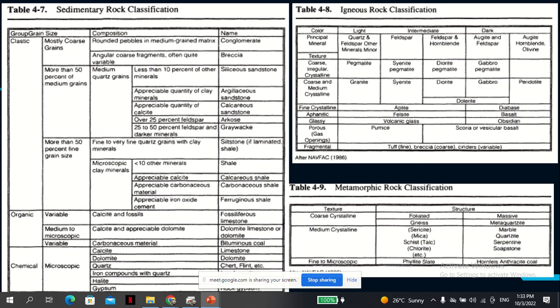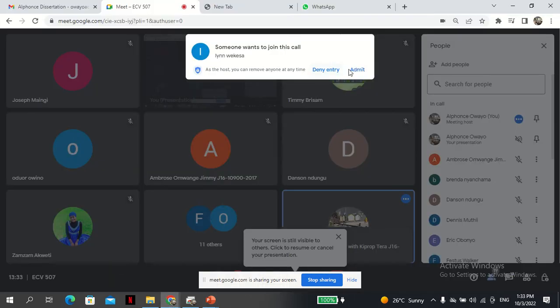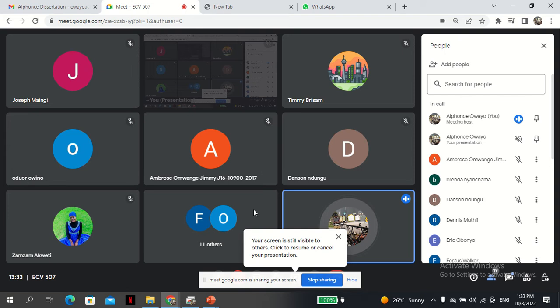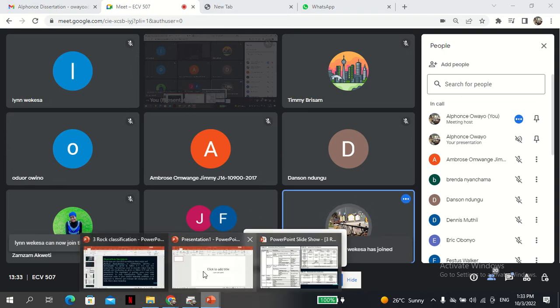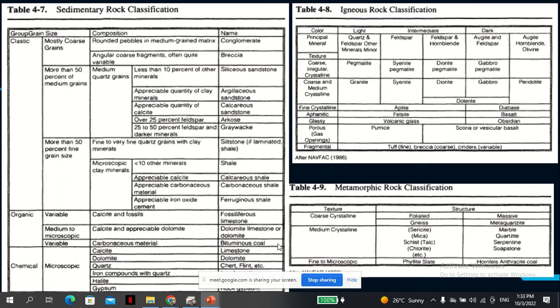We have sedimentary rock, igneous rock, and metamorphic rocks. The sedimentary rocks have not been formed for as long a time in comparison to other kinds of rock.